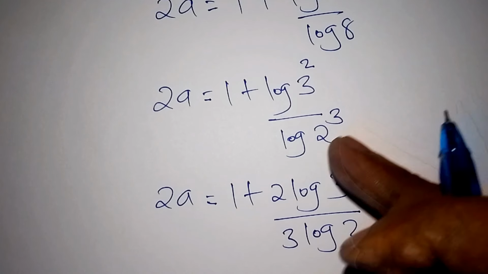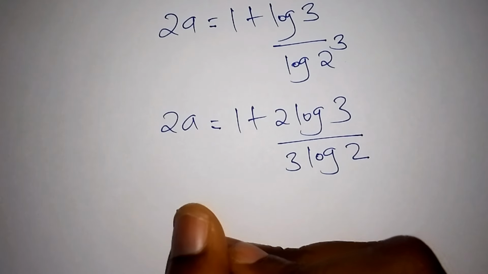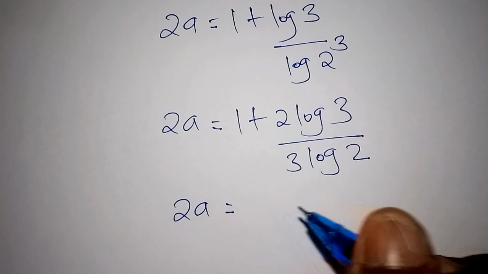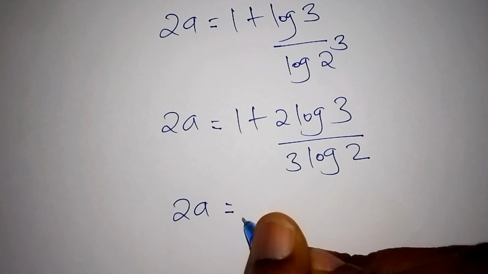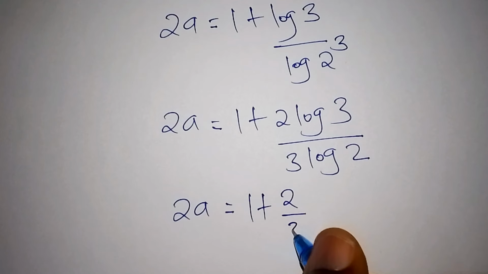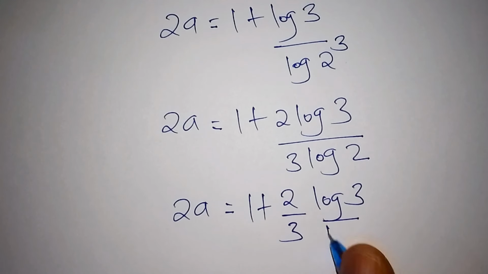So 2a is equal to 1 plus 2 over 3, the log of 3 all over the log of 2.